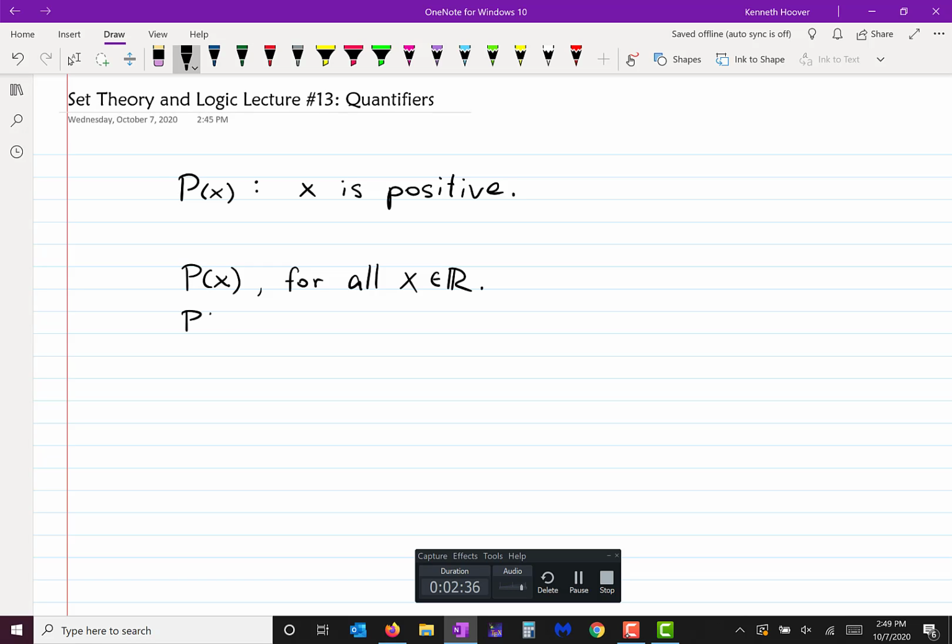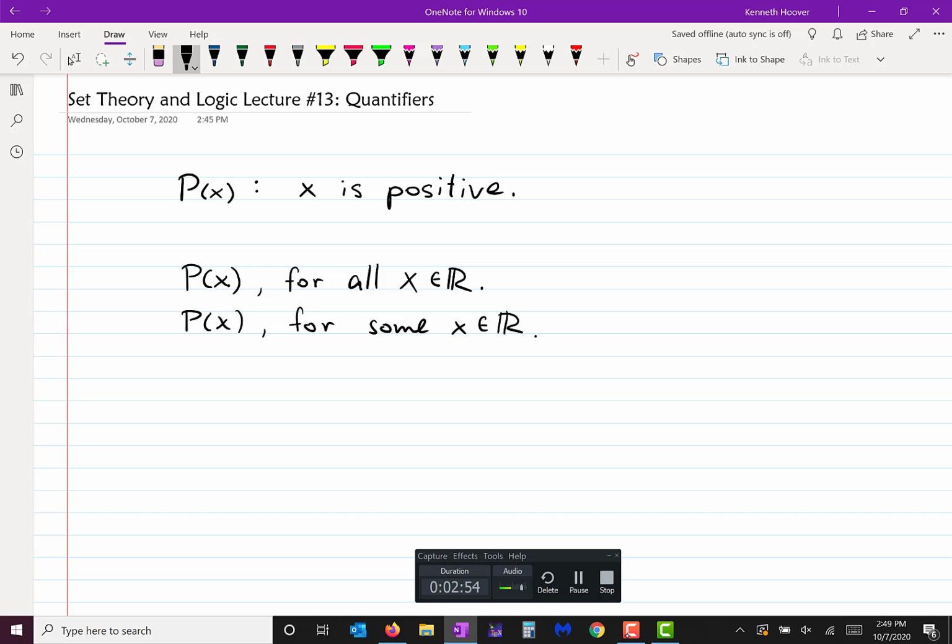Or P of X for some X in the real numbers. Those are both statements. The first statement says X is positive for all real X.